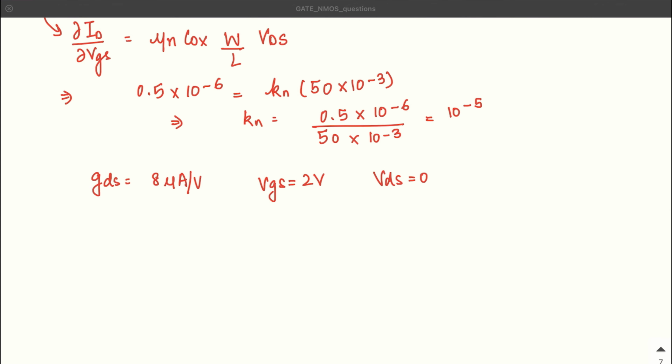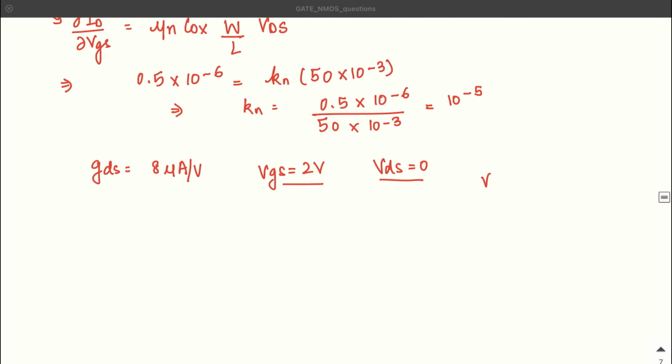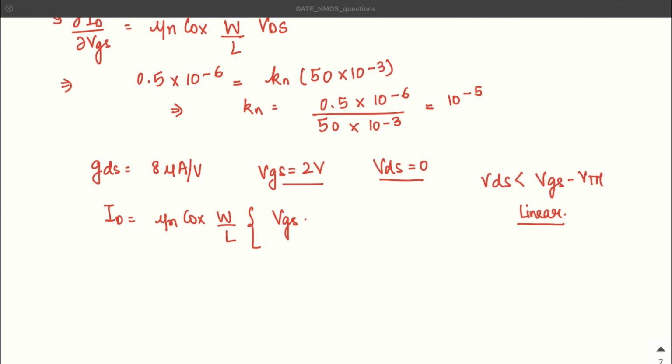Again, if you notice, comparing VDS and VGS minus VTH, the VDS value is very small compared to VGS minus VTH. Hence, the transistor is in the linear mode. Again, the drain current equation would be the same as written above: mu n Cox W by L, VGS minus VTH dot with VDS minus half VDS whole square.